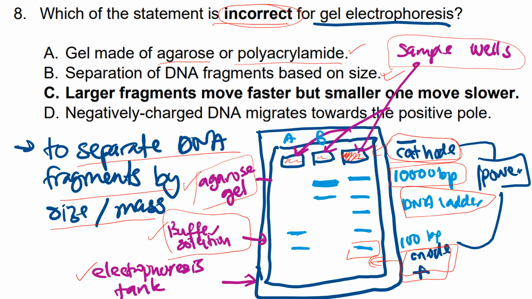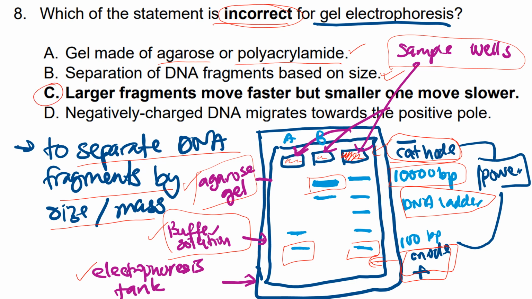So if your DNA sample is larger, it will move slower, whereas the smaller DNA molecule will move faster. So this would be a larger molecule of DNA compared to this one, which is a smaller DNA size. So the answer would be C.